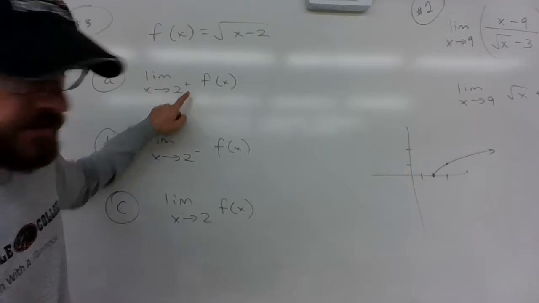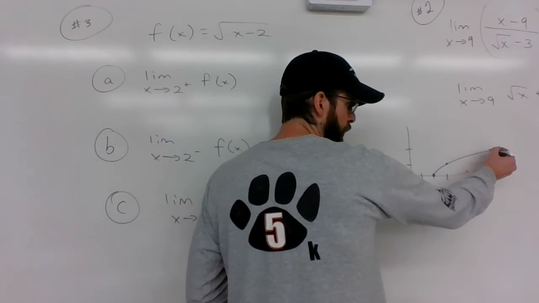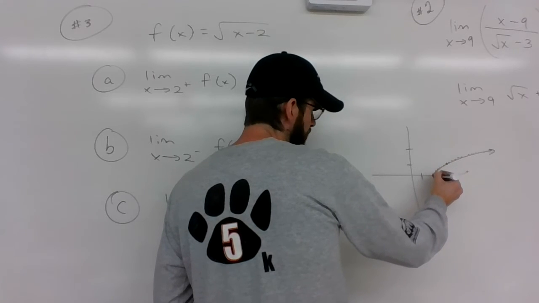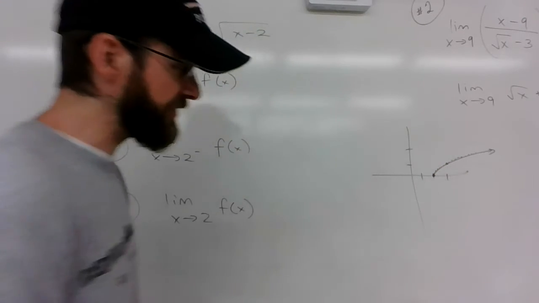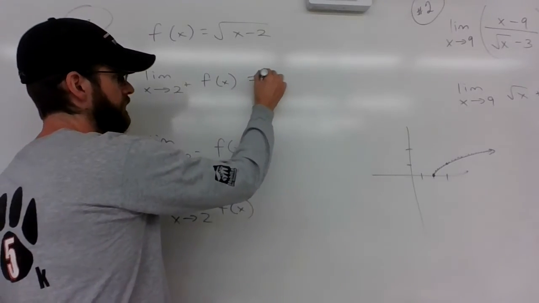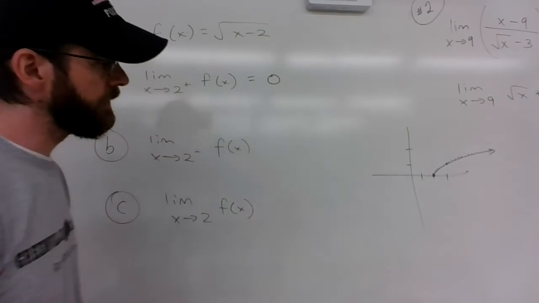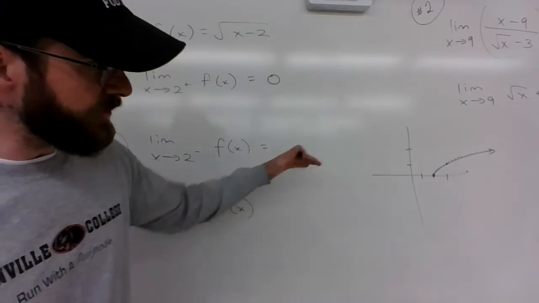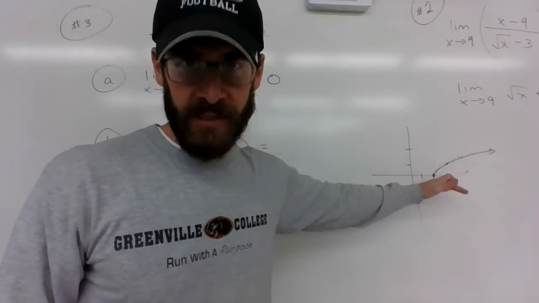From the right, it's pretty straightforward that this curve is approaching, well, not approaching, it is. It's exactly 0 from the right. The question is, what do we make of the left behavior? Because there literally is nothing occurring from the left of that.